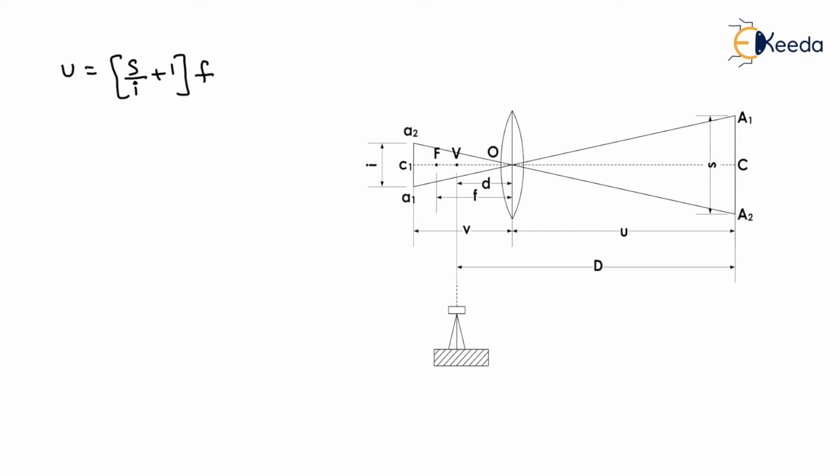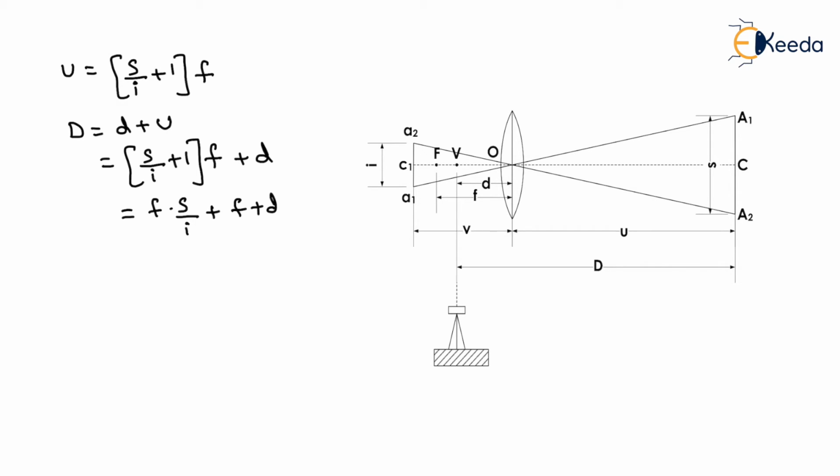But we want the value of capital D, which will be equal to small d plus u. Now we will put the value of u, that is (S upon i plus 1) into small f, plus d. Now on solving this, we will get f into S upon i plus f plus d.